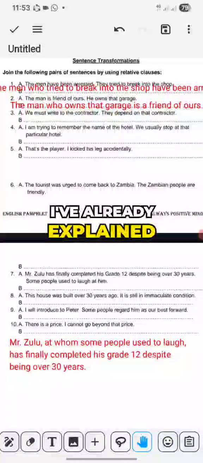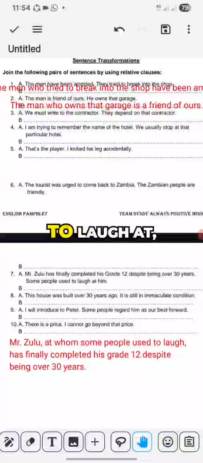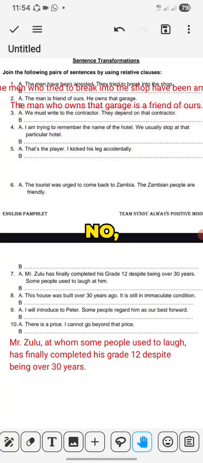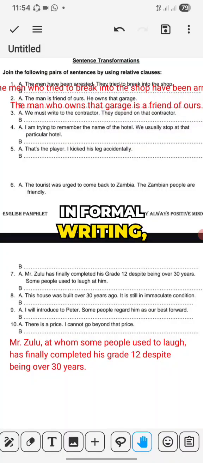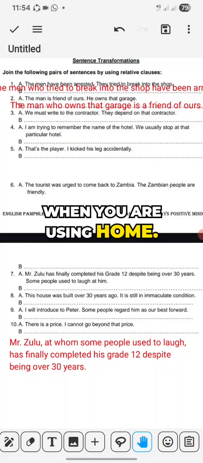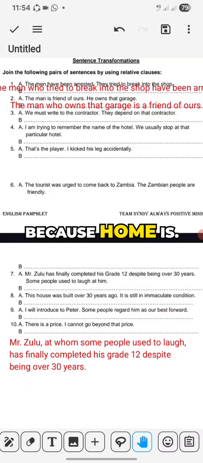I've already explained that. You don't say "Mr. Zulu, whom some people used to laugh at" in formal writing. Whom is used to refer to an object. Remember, Mr. Zulu might look like a subject, but in the actual sense, it is an object.